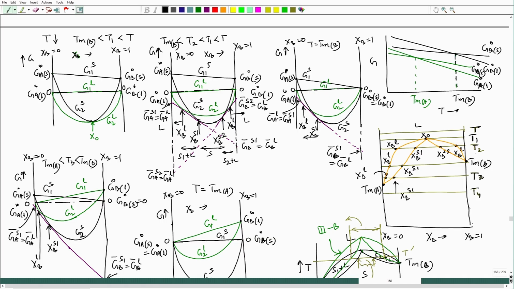So, like that, at T2, if you see the phase diagram, we have the same situation. Here we have liquid, here we have solid 2 plus liquid, here we have solid, here we have solid 1 plus liquid, and here we have liquid. Okay. So, it is matching with the phase diagram, and the free energy versus composition plot will be decided by the free energy hierarchy, and then everything will fall in place.